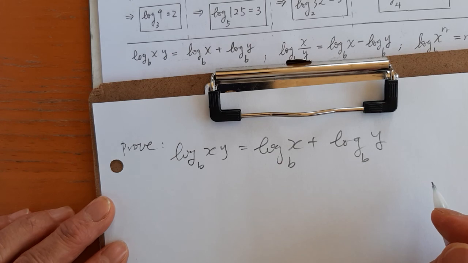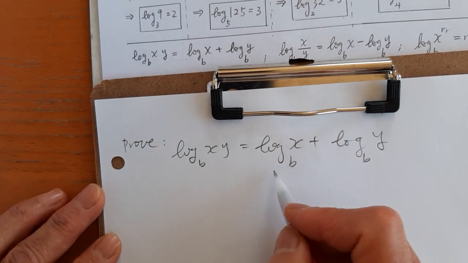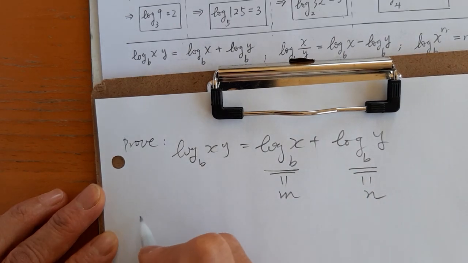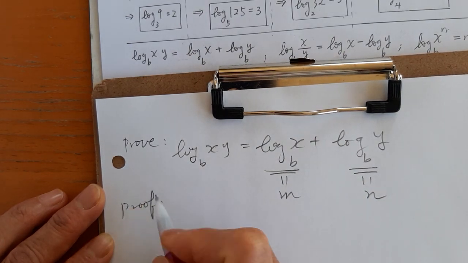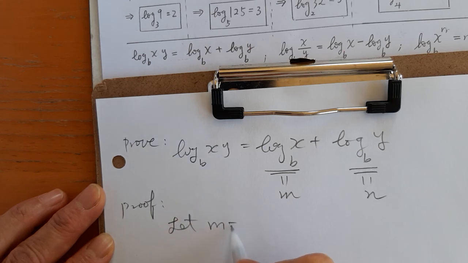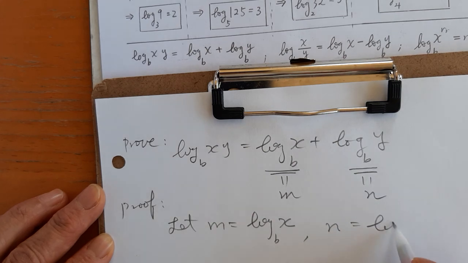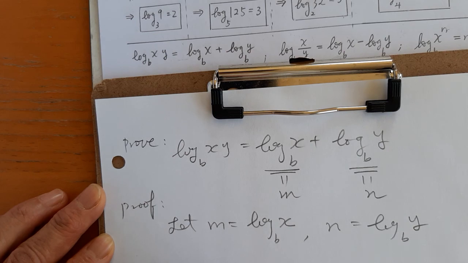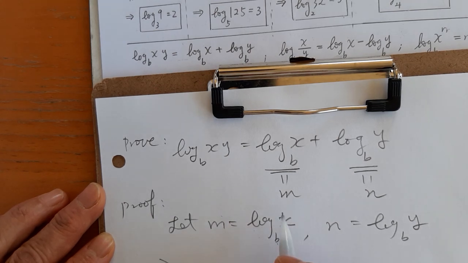How to prove it? First of all, you let this equal n. Let n equal log x, and then you can change the logarithm form to exponential form, which is b to the power n equals x. So x equals b to the power n.